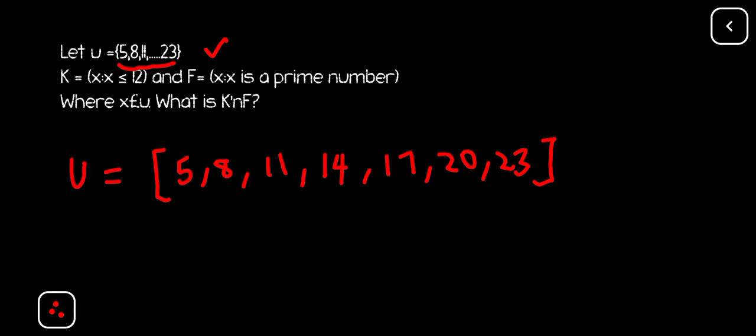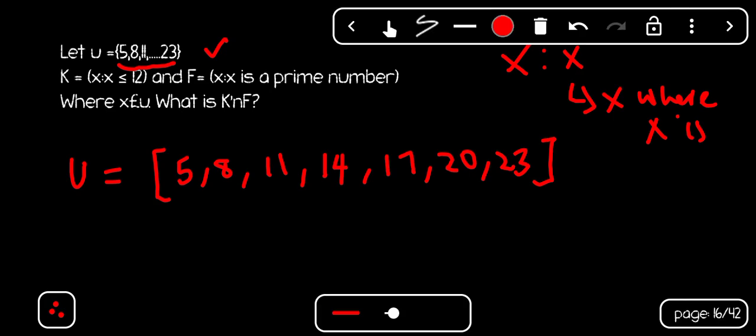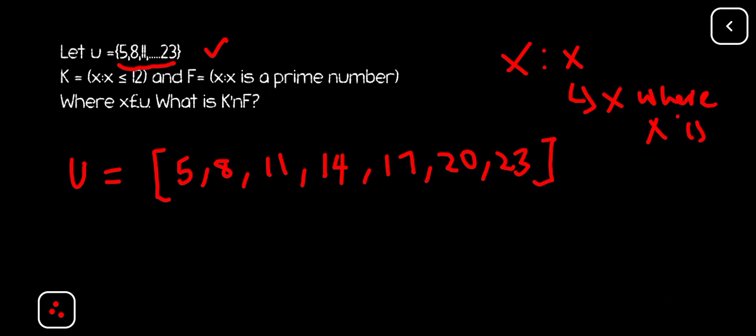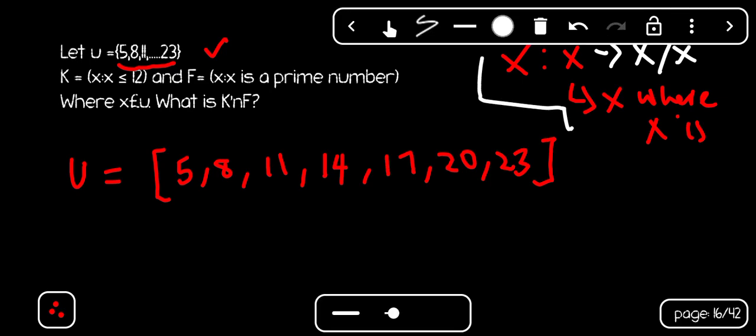Anytime you see something like this, it means x where x is. It can also be written as x slash x. So it's the same thing. It means x where x is. Now let me clean that.